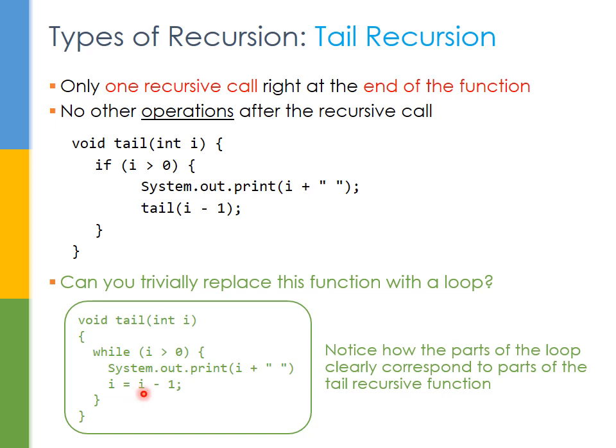We again subtract 1 from I in our loop implementation, and then we just assign that to the variable I, thus decrementing it. So what this means is it's very simple to convert a tail recursive function fairly mechanically, without actually even understanding what the function does, into a loop implementation. We just simply transfer pieces of code and place them in a loop and make a few adjustments here and there, but essentially the translation is very trivial.